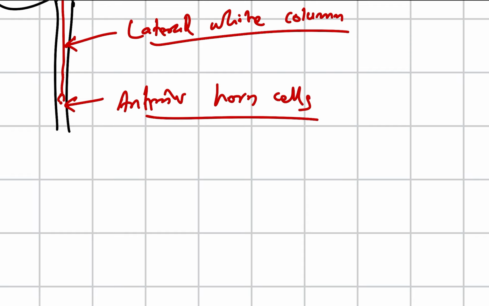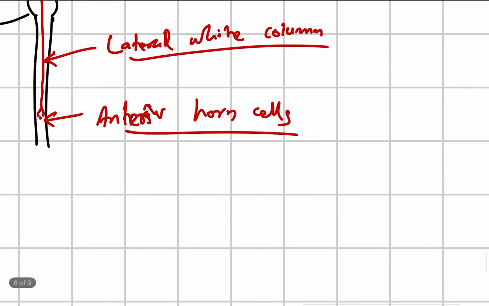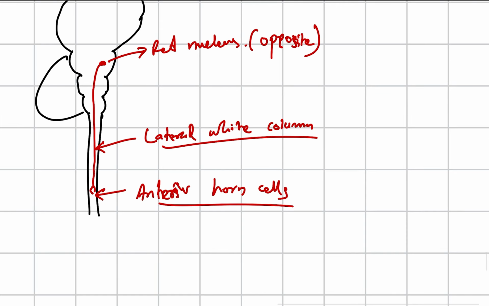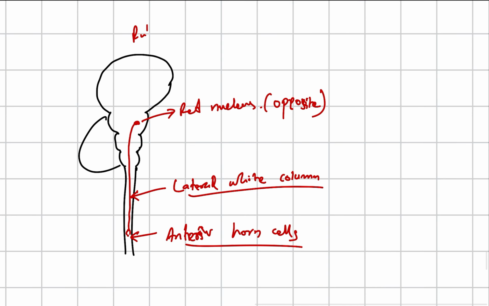And in the previous video we discussed that anterior horn cells are for motor function.